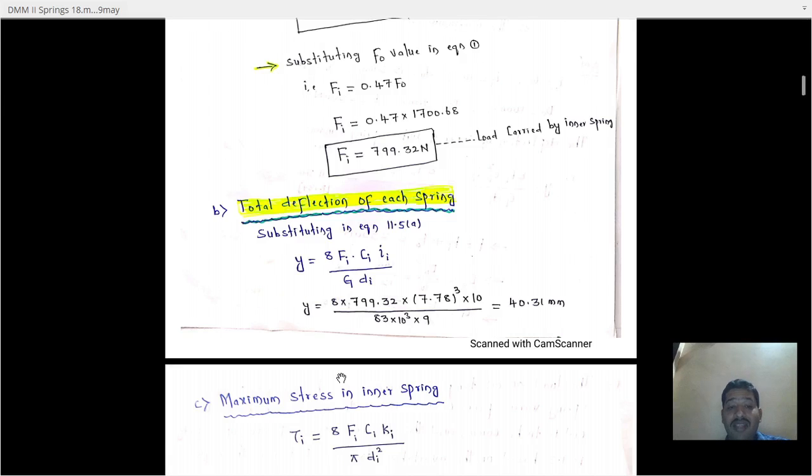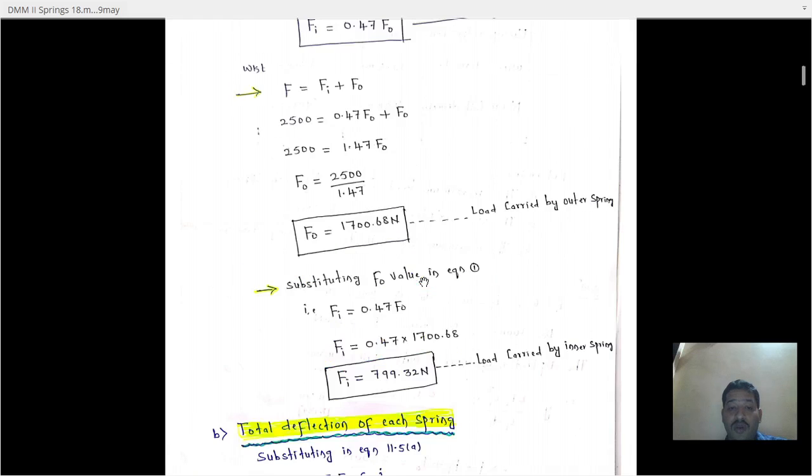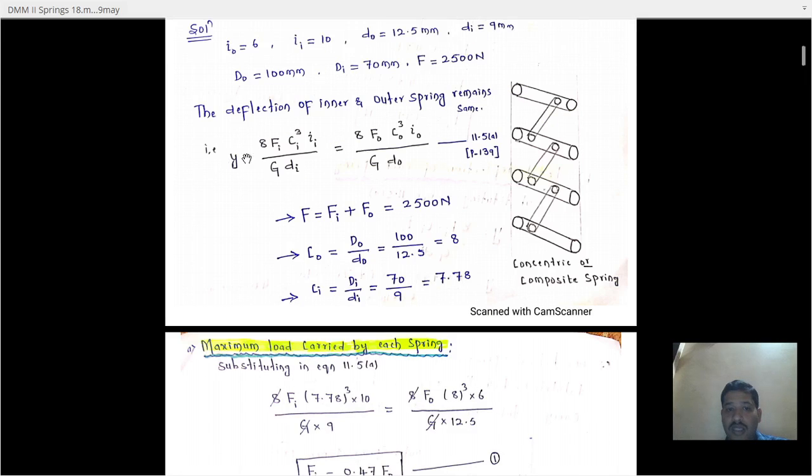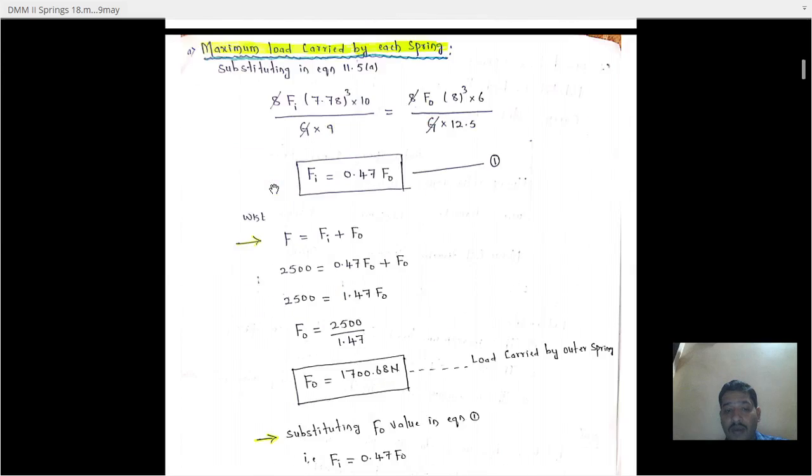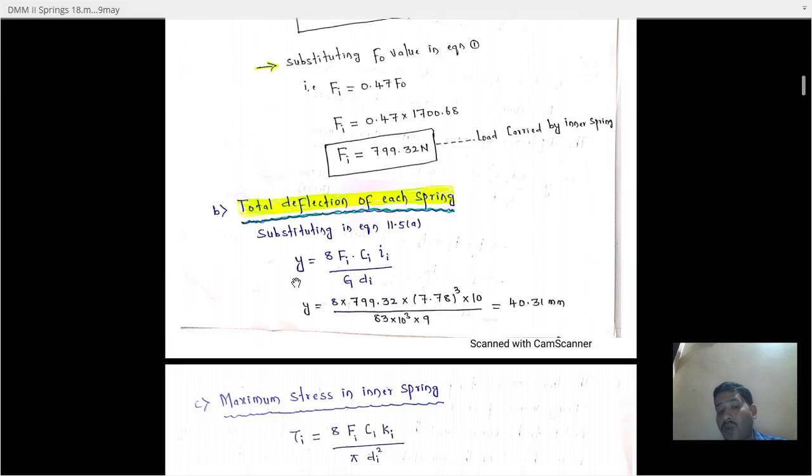After getting Fi and Fo, the second condition is to find the total deflection of each spring. So we have to take the equation from page number 139, equation 11.5. Y equal to deflection value, because we need to find the total deflection of each spring.